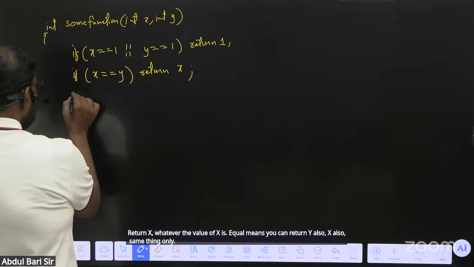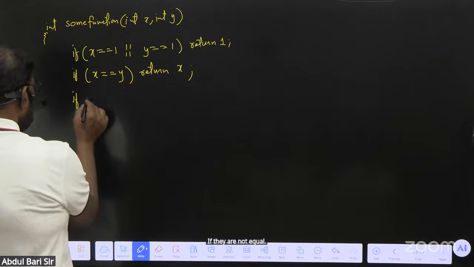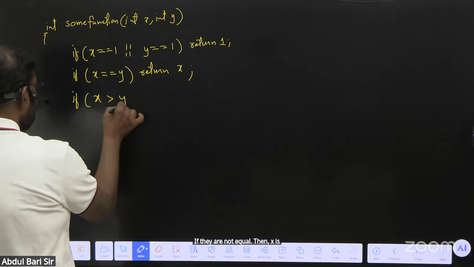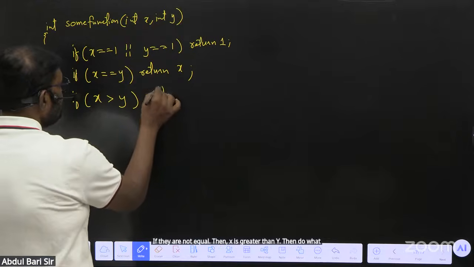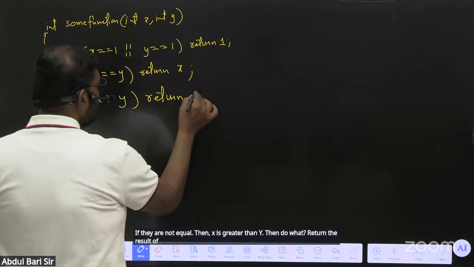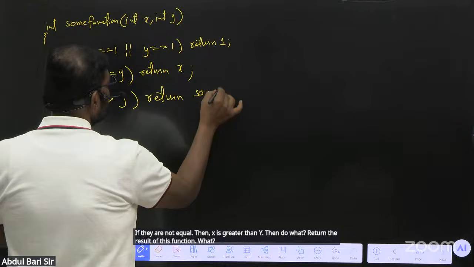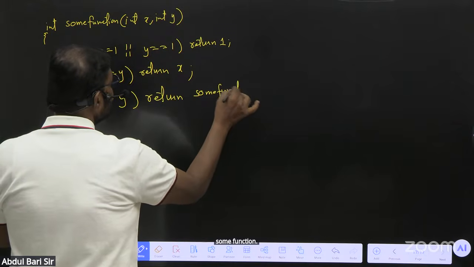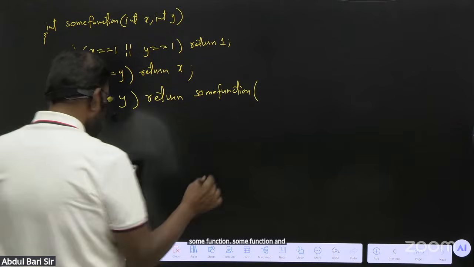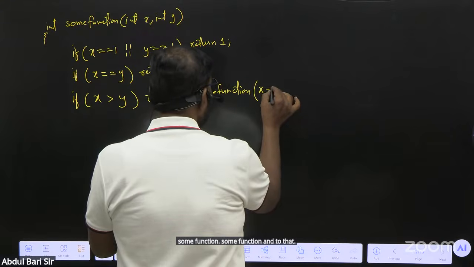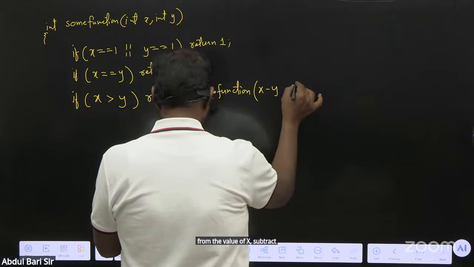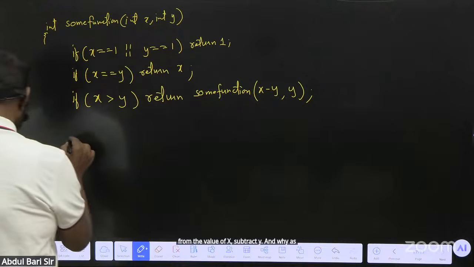Acha. If they are not equal, then if x is greater than y, then do what? Return the result of this function. What? Sum function. And to that, from the value of x, subtract y and y as it is.